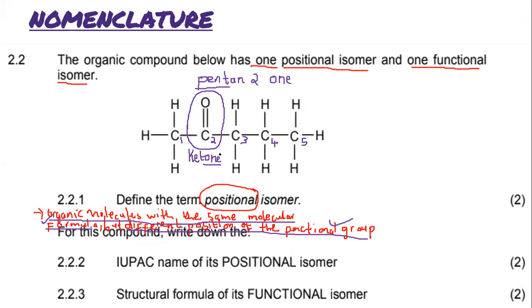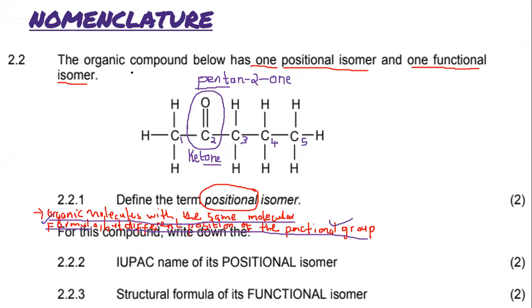And the answer is no. Remember, according to IUPAC rules, you must have a hyphen between a letter and a number. So I will put a hyphen there. Again, a letter and a number, so I must put a hyphen there. So the IUPAC name of this organic molecule is pentan-2-one, and I don't have any substituents. Why? Because all of the carbons there were counted in the parent chain.